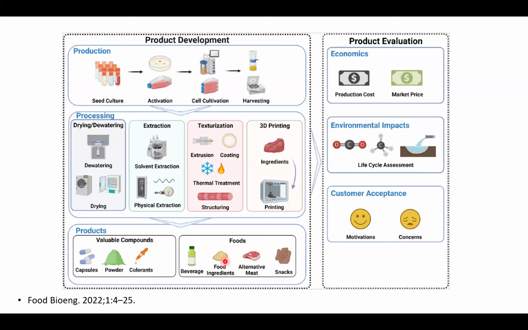To evaluate this kind of product, you need to evaluate the economics, of course, and economics is very important because you can produce anything, but the cost will be a limiting factor for people to use. And the environmental impact, as I mentioned, something like life cycle analysis may also be needed to justify the production of this cell cultured food.